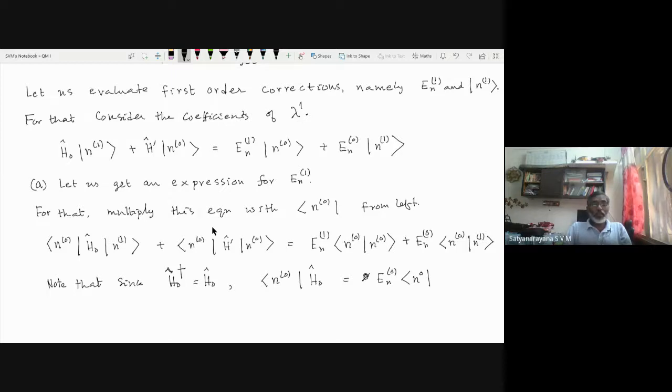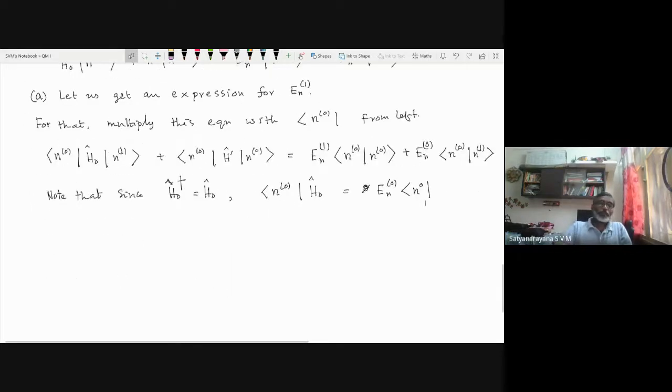If it is not a Hermitian operator, this is going to be the complex conjugate of this. But for a Hermitian operator, energy eigenvalues are real. Correct?